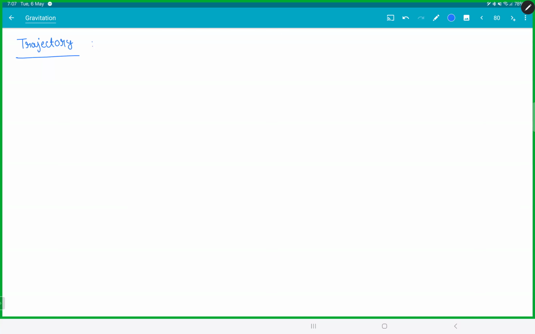So consider a particle is projected with speed u tangentially.